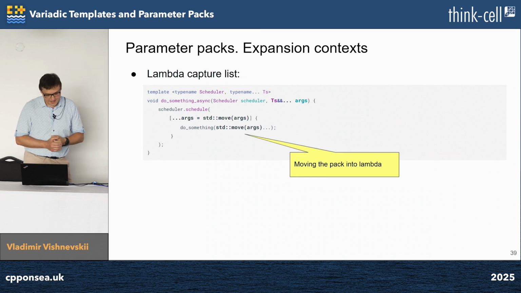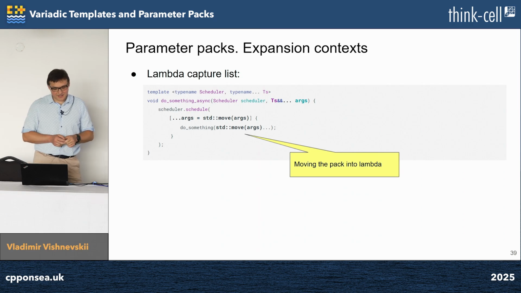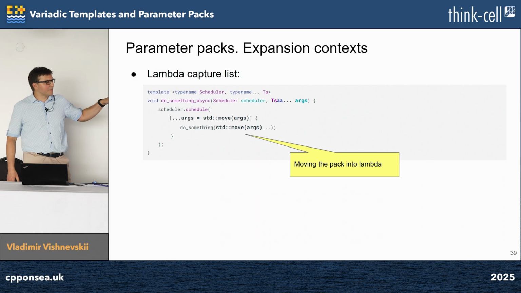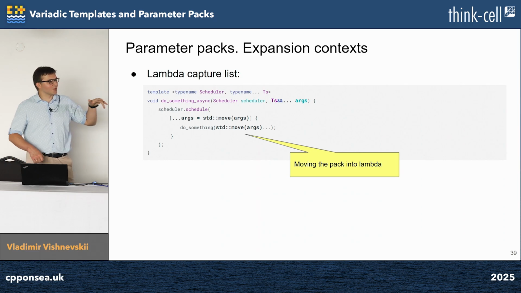Here it's an interesting, again slightly different syntax for expansion. So we expand args into the move operation, and here the ellipsis precedes. It looks more like a definition of another parameter pack.